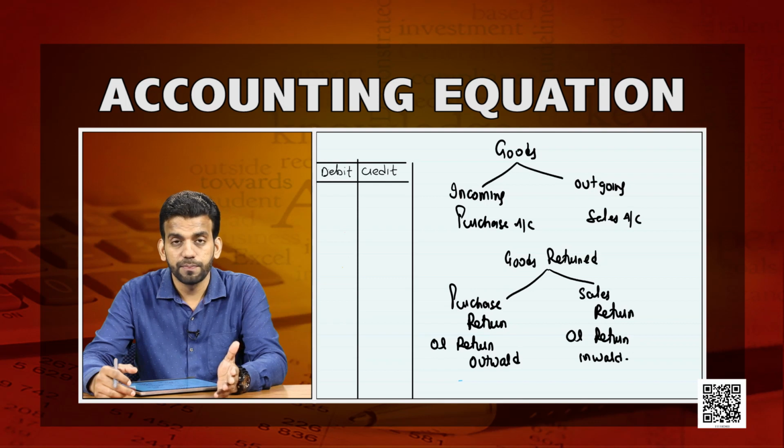It could be defective, it could be out of samples, not matching the standards, so we return them. When we buy goods and return it to the seller, the vendor, we call it purchase return. Same happens to us. We sold goods to our customers, customers didn't like them and they send it back to us. That is known as sales return, right?